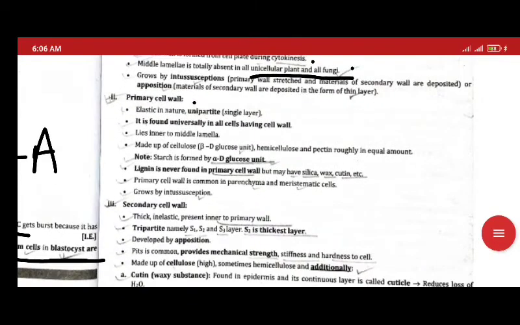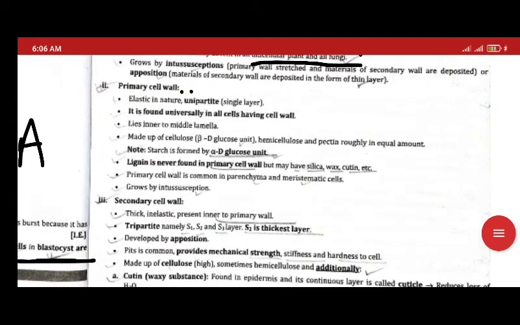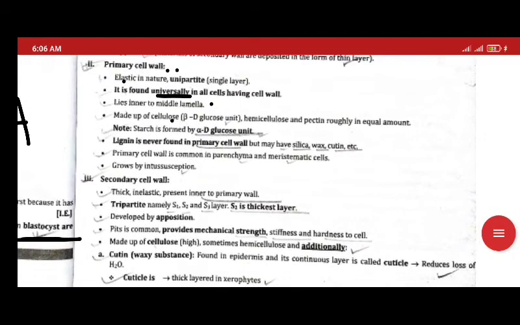Now we have the primary cell wall. The primary cell wall is elastic in nature and is universal, found in all. Inner to the middle lamella, it is made of cellulose (beta-D-glucose), hemicellulose and pectin, as we talked about before. Now starch is formed by what?